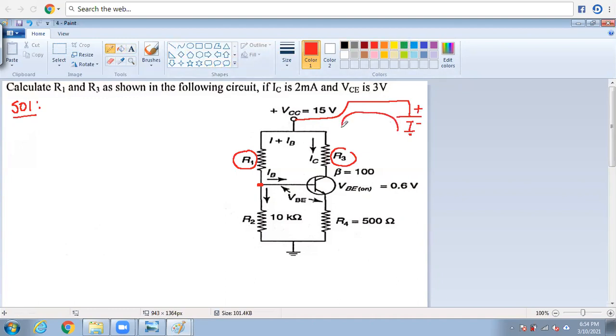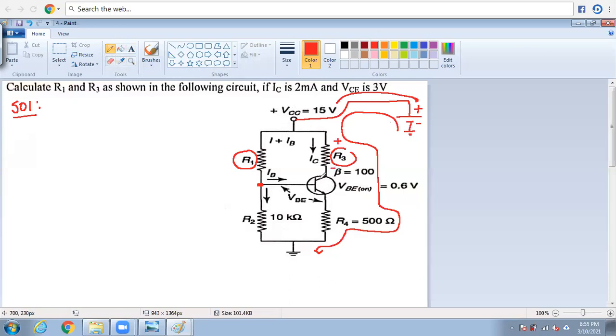From this side, up to RE. The first loop equation I will write directly. So minus, plus, this is VCC as it is. This is plus, this is minus.